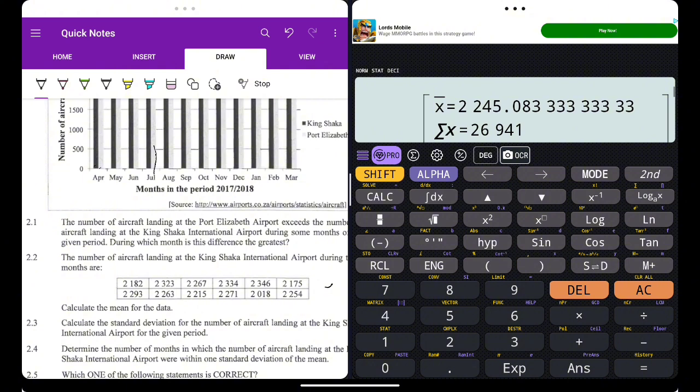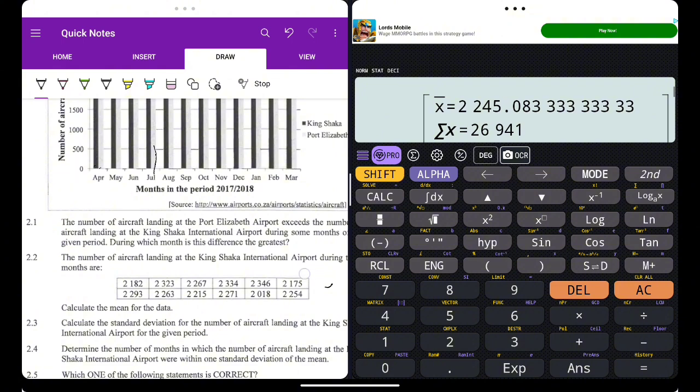Right, so we see the standard deviation there. The mean is given by 2245.